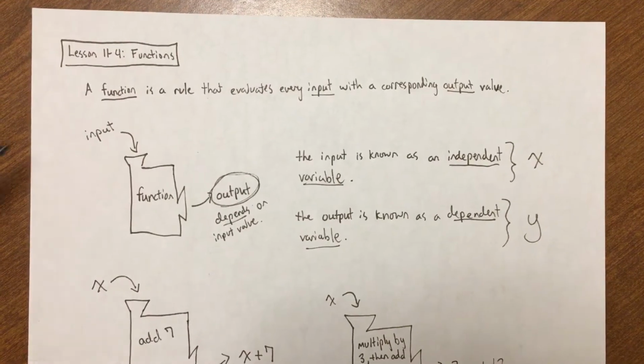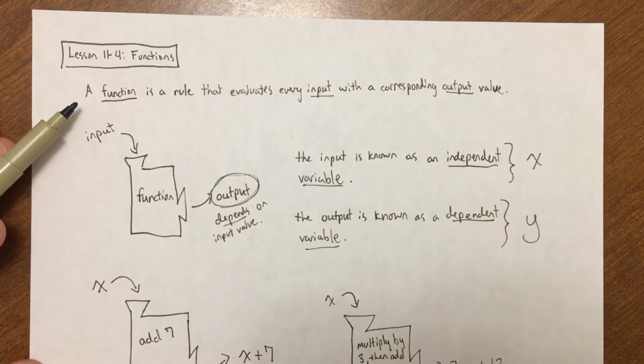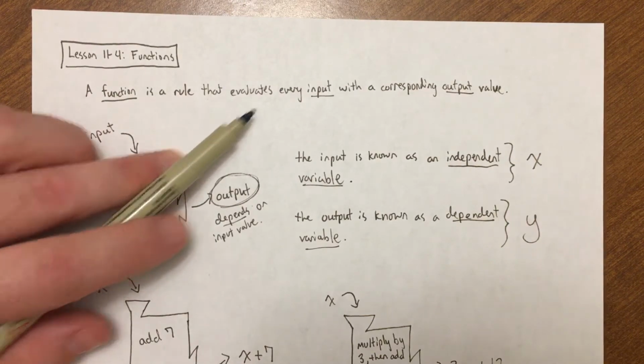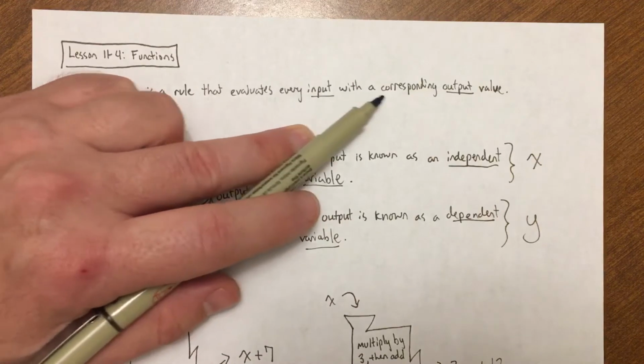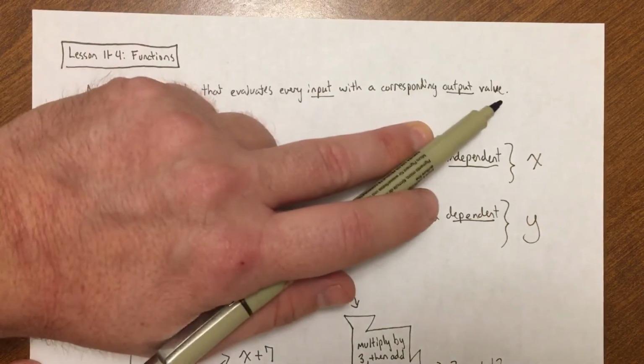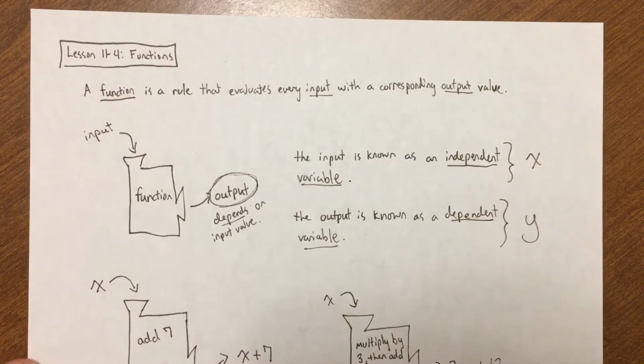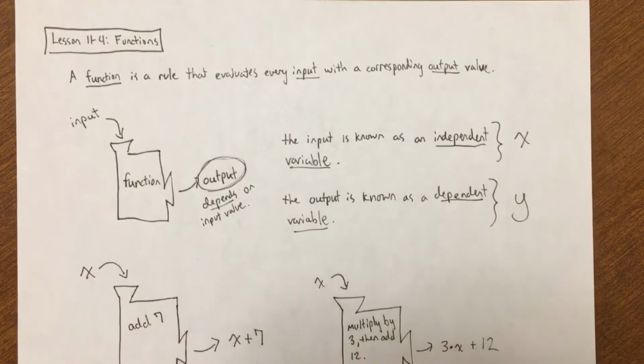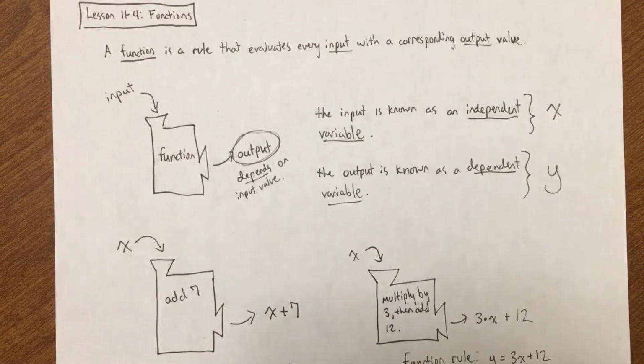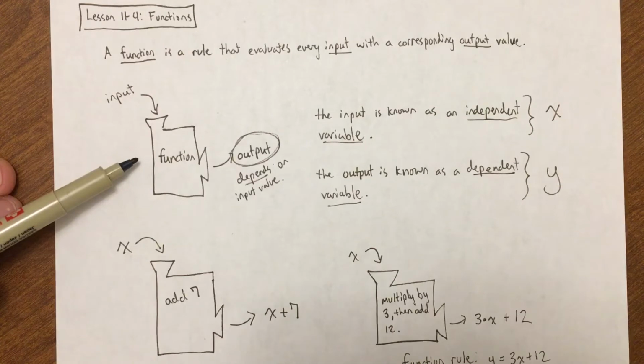So first of all, I just want to draw your attention to the definition we have here. So this is just a very basic definition. A function is a rule that evaluates every input with a corresponding output value. Now, we can think of function rules like a machine like this, or a blender.